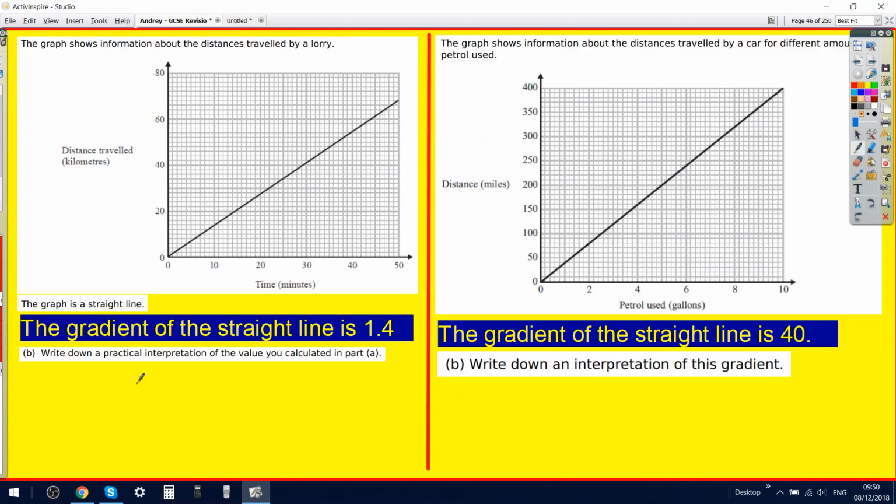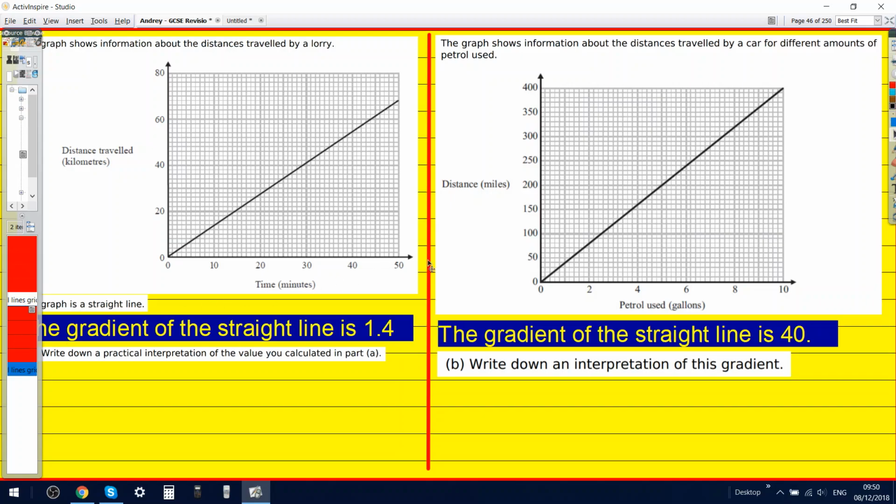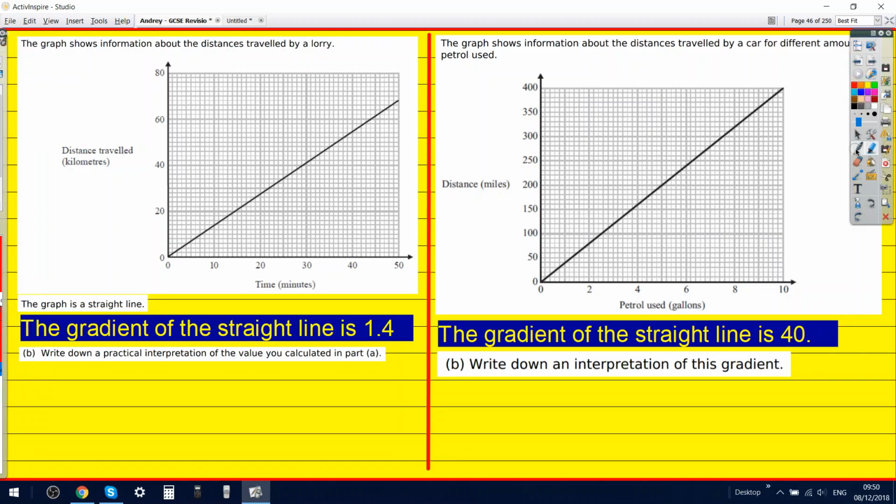Okay, how about one on the left? Wait, am I doing B? Yeah, on the left.